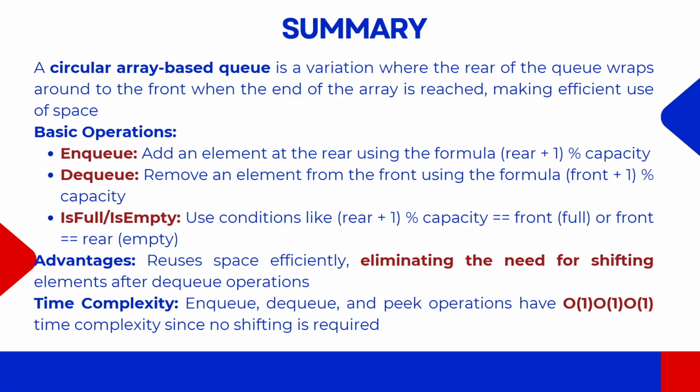And in case you want to check whether the queue is empty, then we check as usual whether both front and rear have the same value. So, there are advantages we gain with the circular array based implementation of queue. It ensures reuse of space, and it eliminates the need for shifting of elements during a DQ operation.